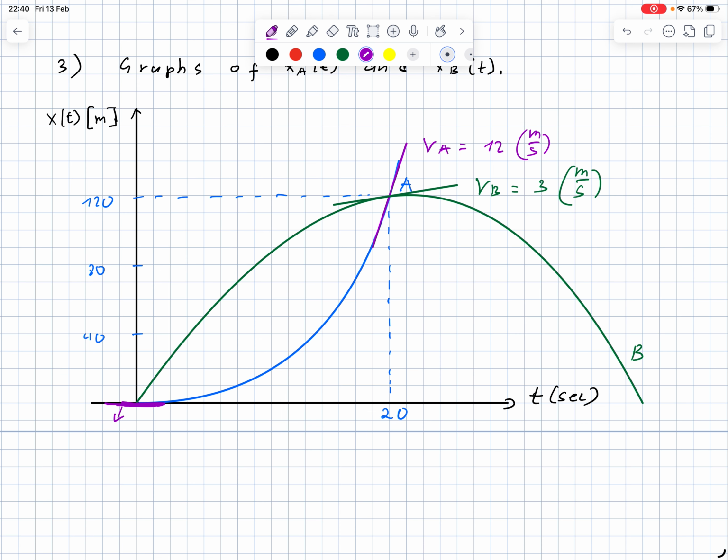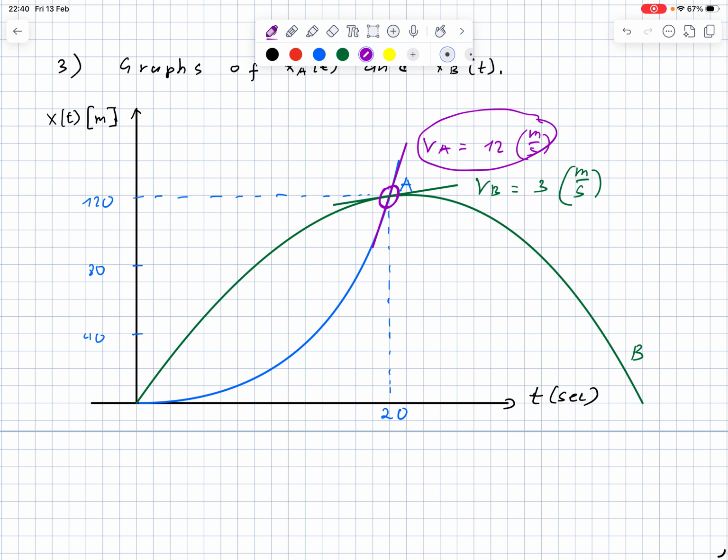This is one tangent, VA when t equals 0 seconds equals 0 meters per second. And if we look at the time of 20 seconds, we found that the velocity of object A is 12 meters per second. It's the tangent of the function xA of t at 20 seconds, or you can say the instantaneous slope at this point is the instantaneous velocity of object A.